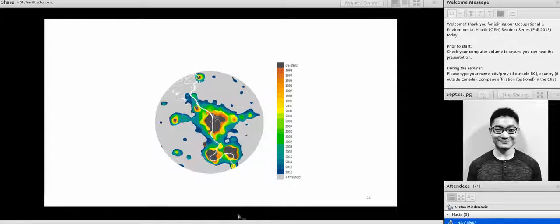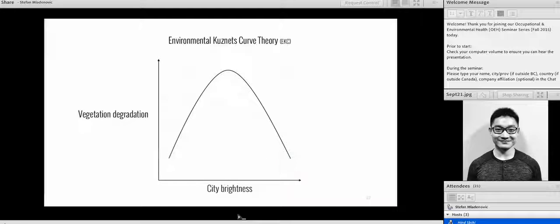So why am I doing this? It's because there's a theory called the environmental Kuznets curve. How many of you have heard of it? No? Okay. This theory basically assumes that at the early stage of any economy, the environment will suffer.